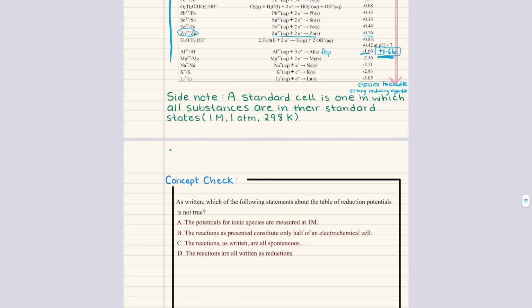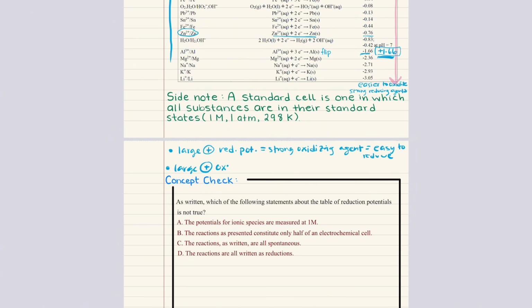So in general, remember these two ideas. A large positive reduction potential corresponds to a strong oxidizing agent and an easy reduction. A large positive oxidation potential corresponds to a strong reducing agent and an easy oxidation.